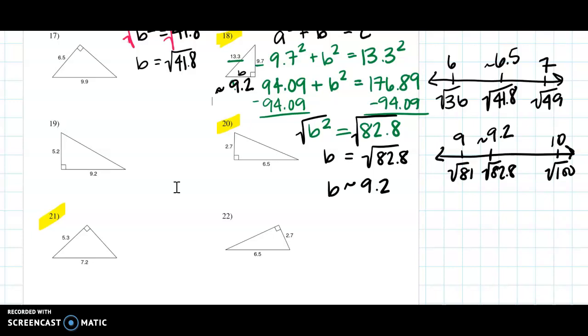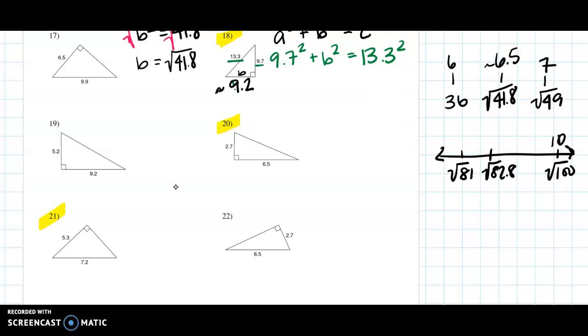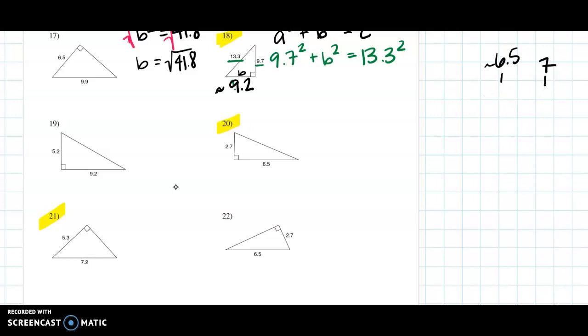Now we're going to take a look at question 20. I'm going to erase my work from question 18 because it's in my way. We have side lengths 2.7 and 6.5.